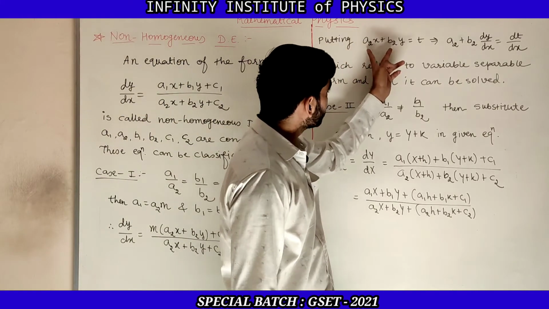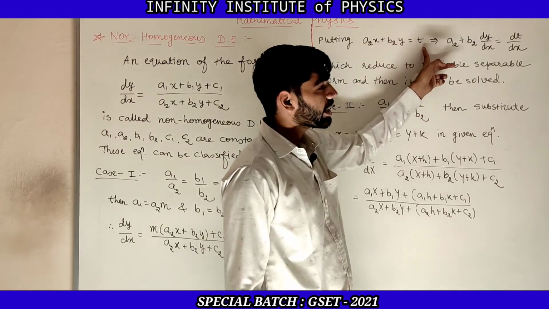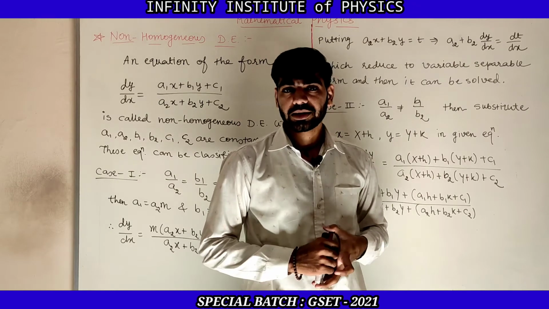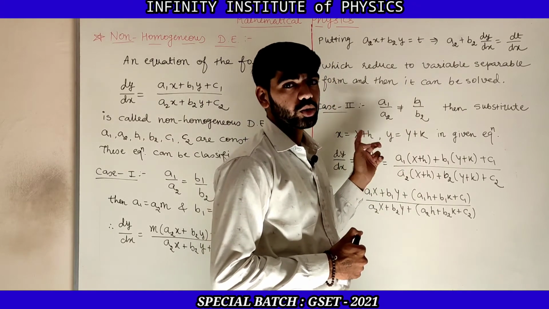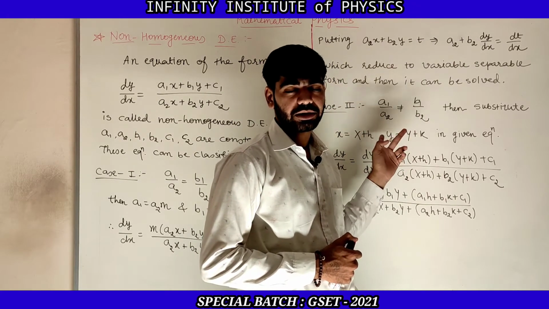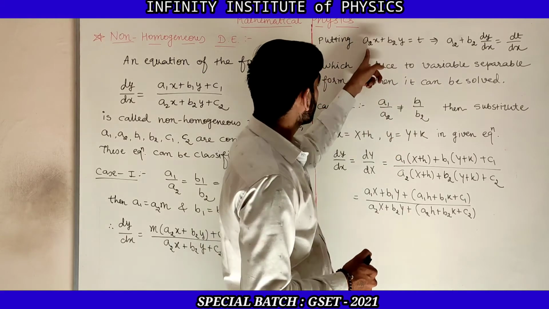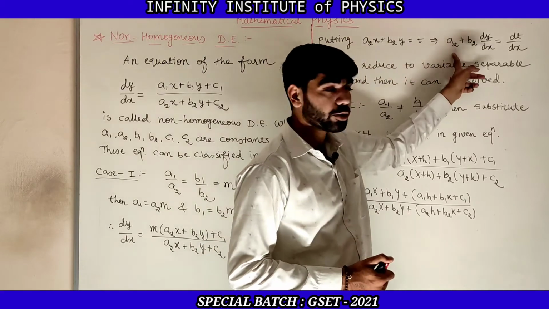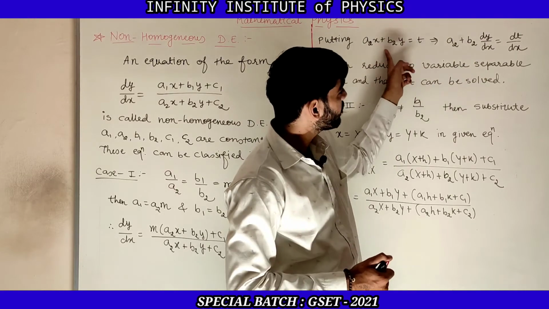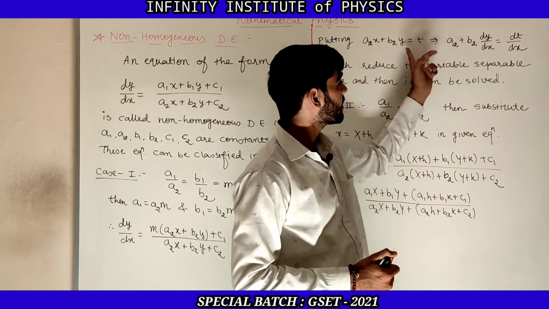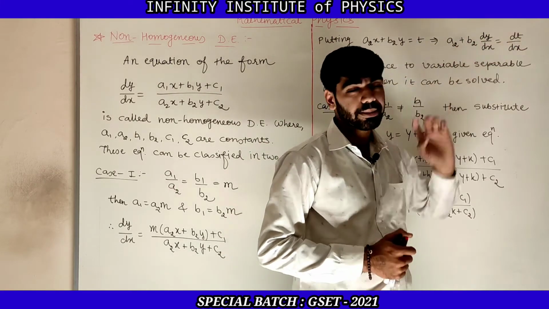Now you need to do differentiation with respect to x on both sides. Differentiation of a2x is a2, differentiation of b2y is b2 into dy by dx, and differentiation of t is dt by dx.